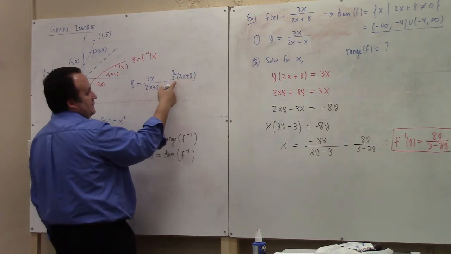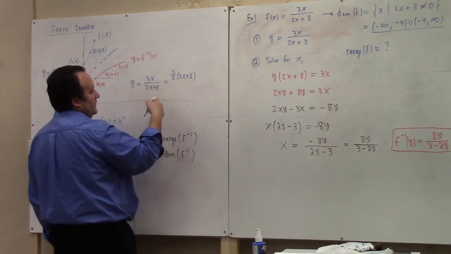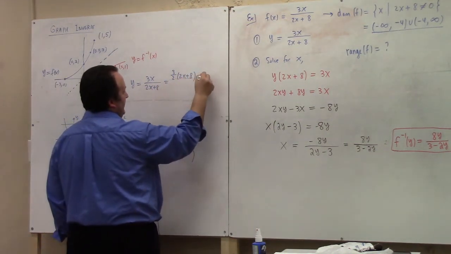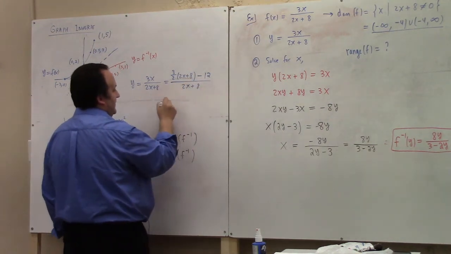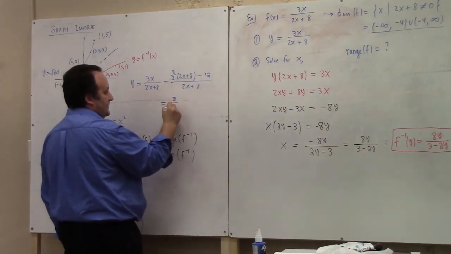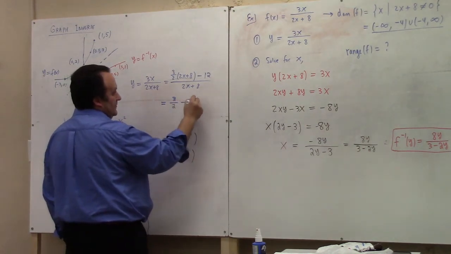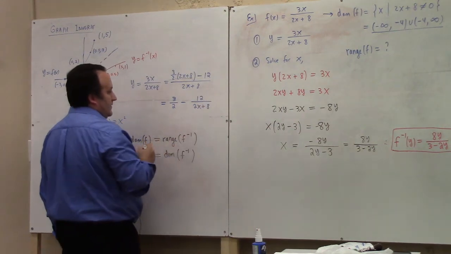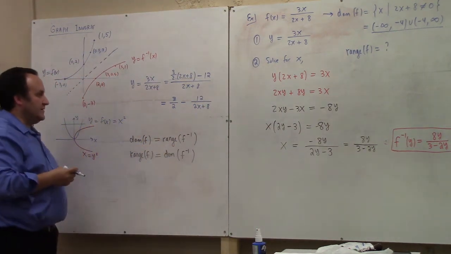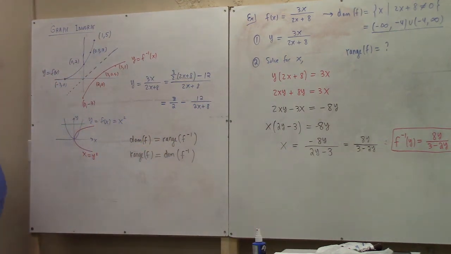I just added 24 over 2. I added 12 there, so I have to subtract 12. Having done that, I can see that this is equal to 3 halves minus 12 over 2x plus 8. And so I'm relatively certain that the range is all numbers except for 3 halves.